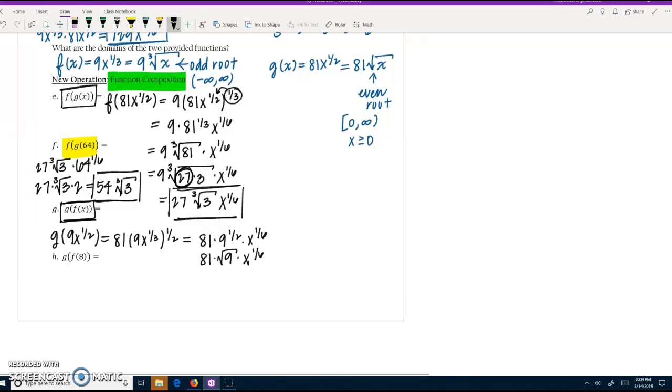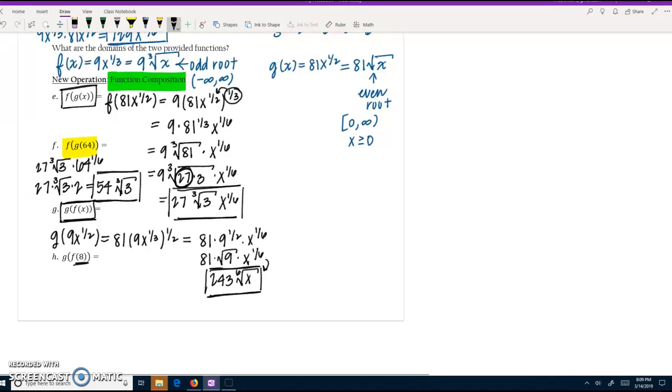And the square root of 9 is just 3. So I'll end up with 81 times 3, which is going to give me 243. So I'll have 243 times the 6th root of x, or x to the 1/6. Either one of these would be equivalent. So that's our final answer there.